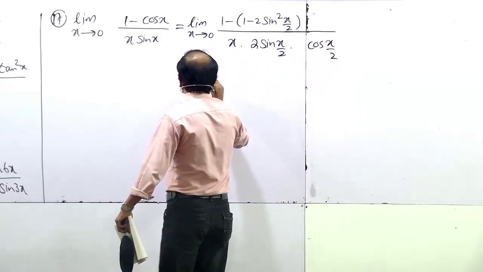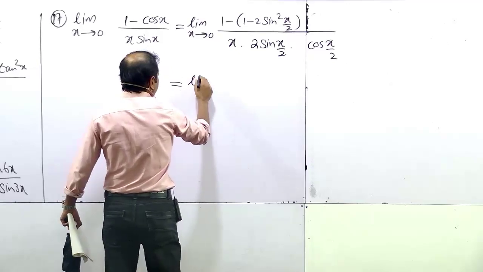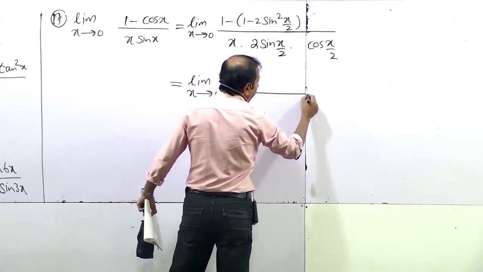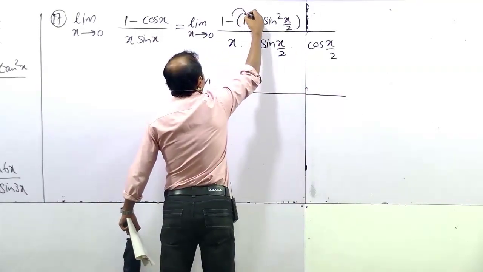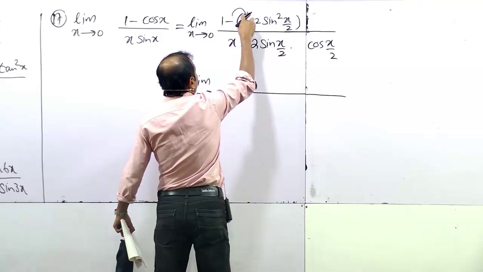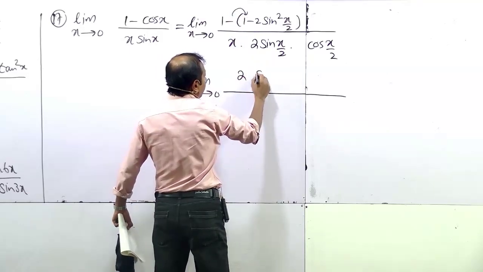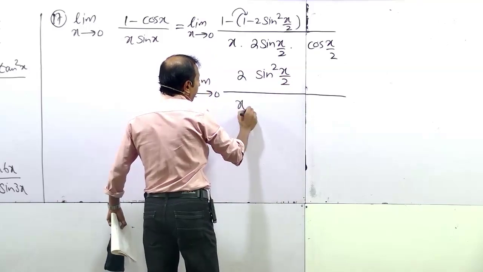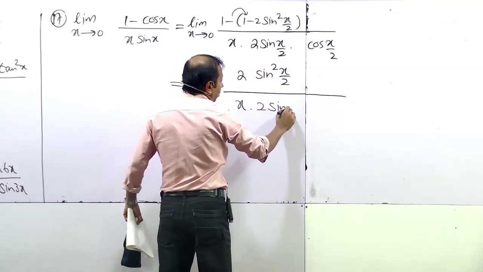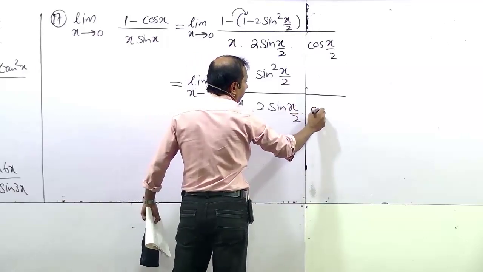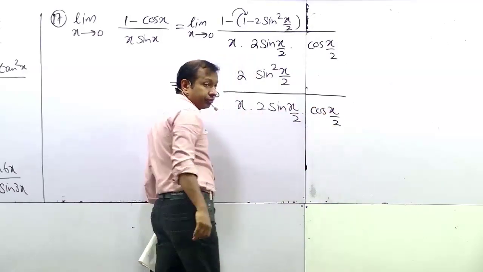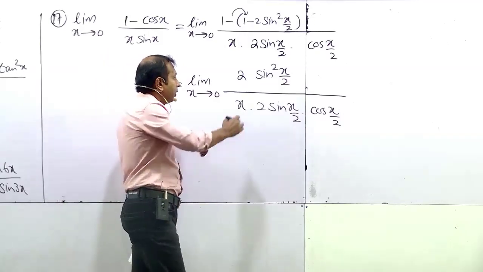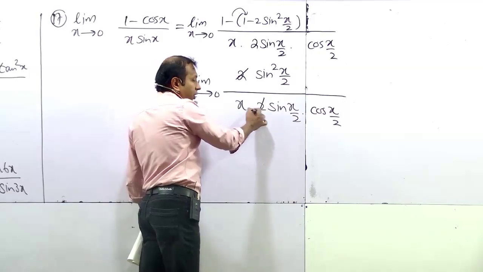Okay, now simplify this. Here remove the bracket, 1 minus 1 is 0, minus minus plus 2 sin squared x by 2, over x into 2 sin x by 2 into cos x by 2. Tell me a simplification here. The 2 you can cancel down with this 2.